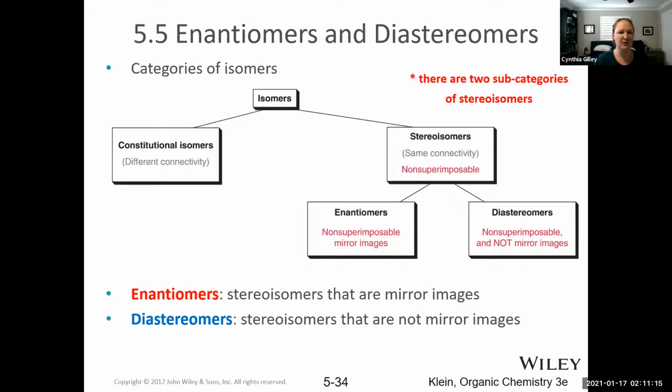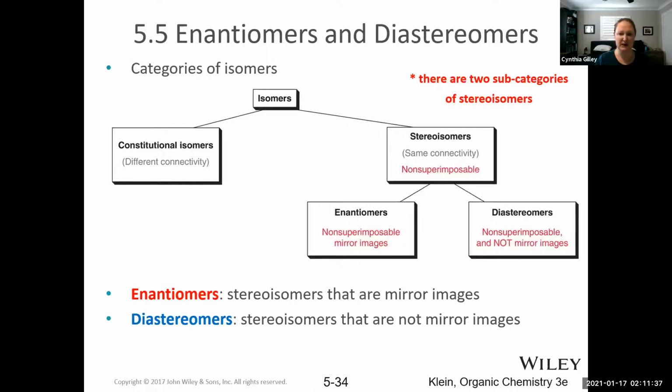interconvert. Okay, so within stereoisomers, as I've been talking about, there are subcategories, which are enantiomers and diastereomers. And simply, enantiomers are two structures that have the same molecular formula. So they are isomers. They have the same atom connectivity.